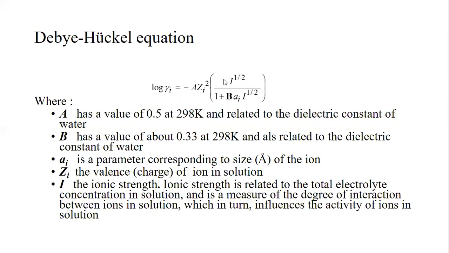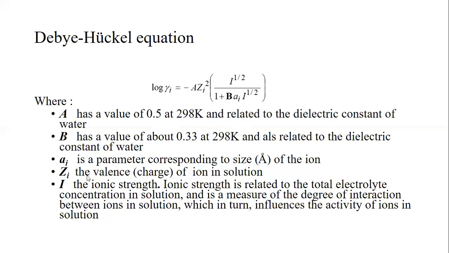That's why we say the extended Debye-Hückel equation: it includes a parameter for the size of the ion. There are other equations that do not include the size. This one is used more because it's preferable given this characteristic. It does change with the change of the size of the ions.